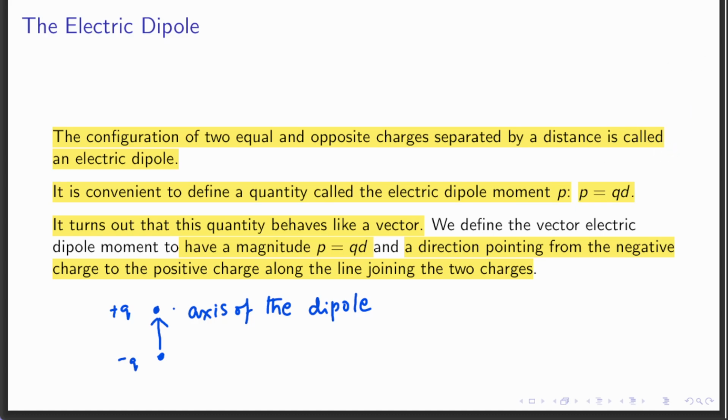To illustrate the concept of the principle of superposition of electric fields, we will calculate the electric field that the dipole produces at any point P along the perpendicular bisector of the dipole.